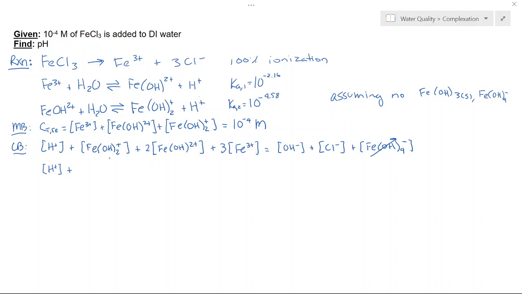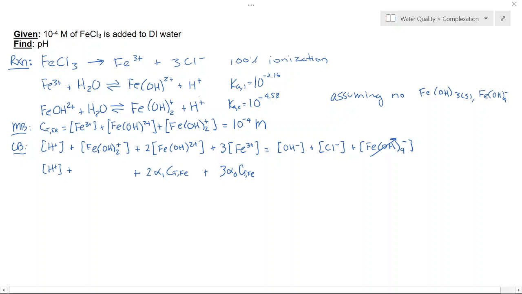And let's see. Okay, so we need to identify which alphas go with which species. And so I start with the most acidic, and that is going to be my alpha naught. So that is our 3 alpha naught times CTFE. Okay, and then the next least acidic, and that's here. So I have 2 alpha 1 times CTFE.